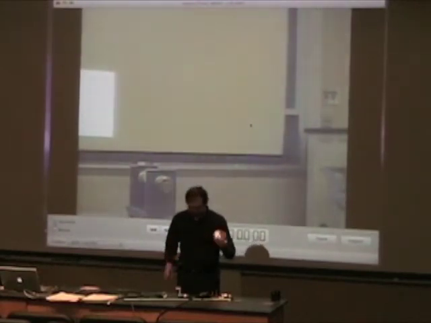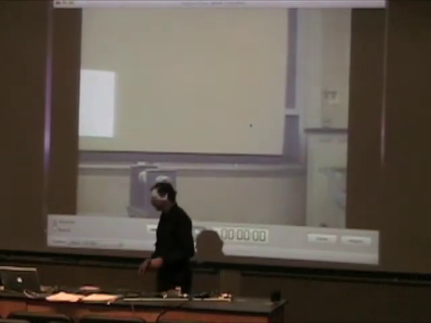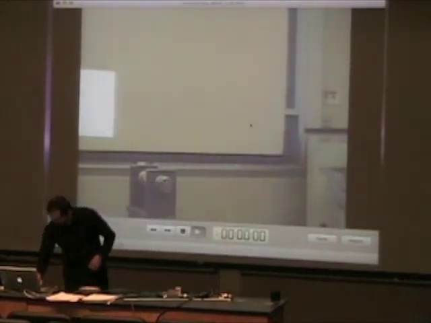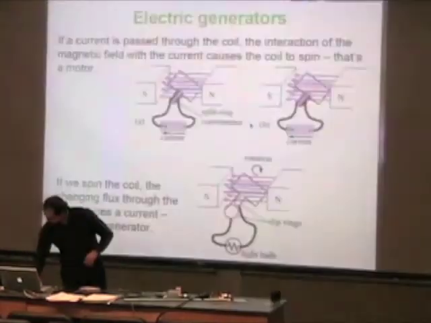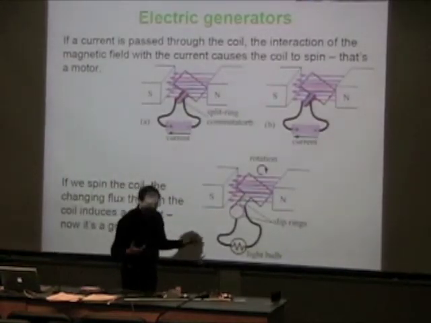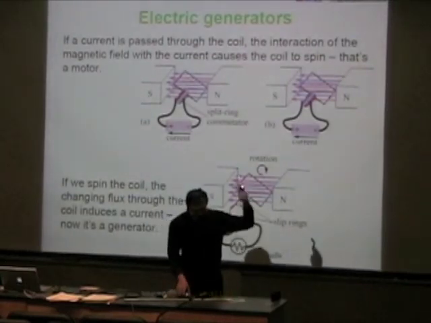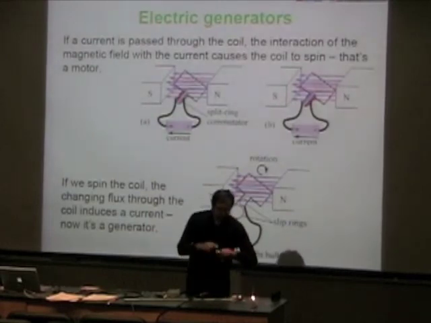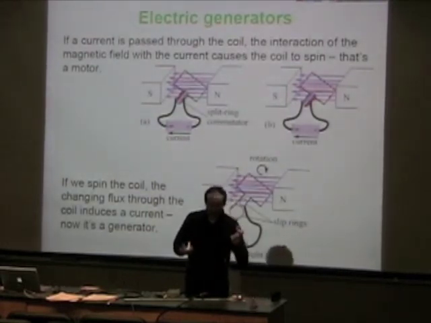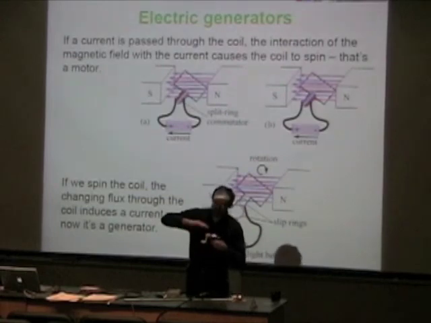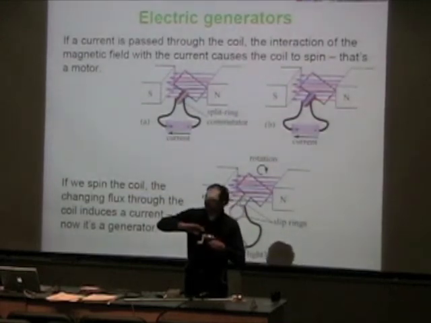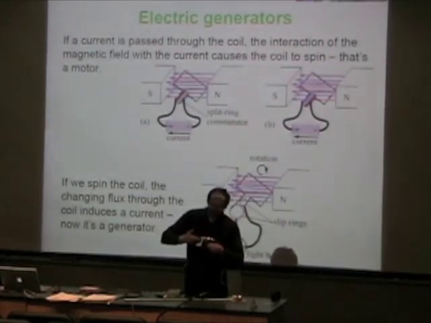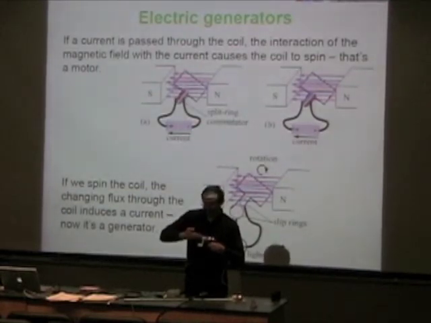And now we know that we can use exactly the same setup to transfer energy back from mechanical to electrical. In a generator, it's actually much easier. There is a loop which rotates in a magnetic field, and since the flux constantly changes, it generates a current.